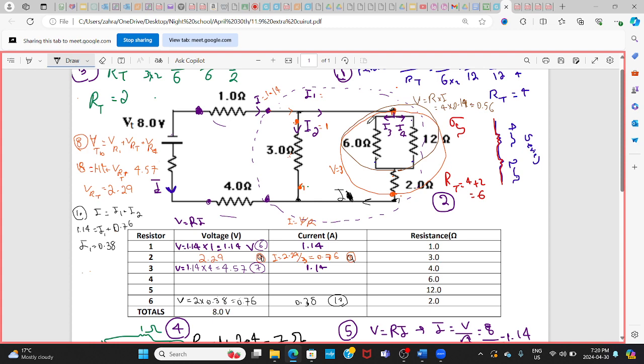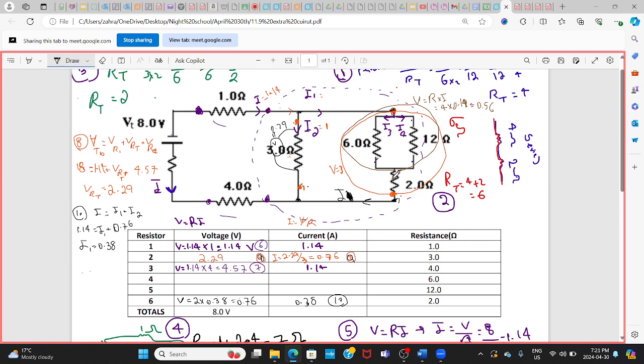So the whole V here is equal to the V across the 3 ohm, and that V was 2.29, remember? If I had a voltmeter here, this voltmeter would read 2.29, right? So the V here is the same as the whole V here.